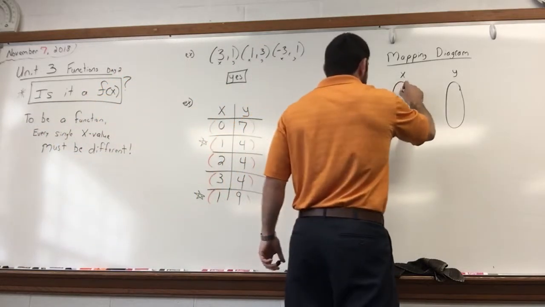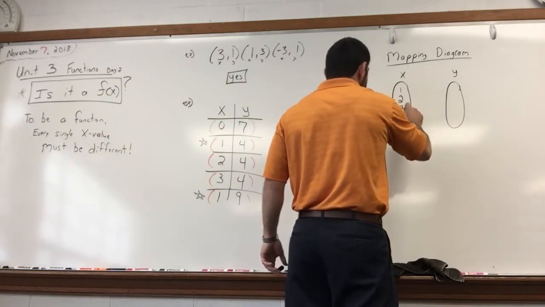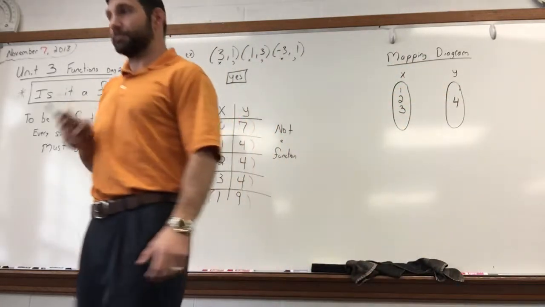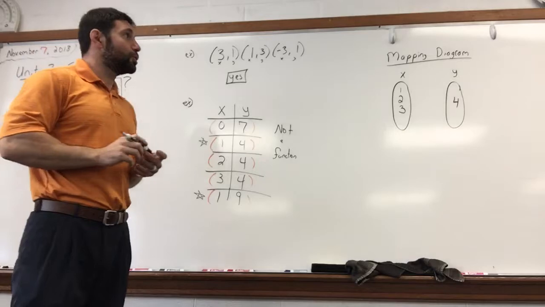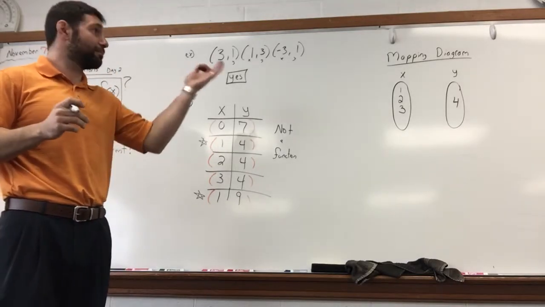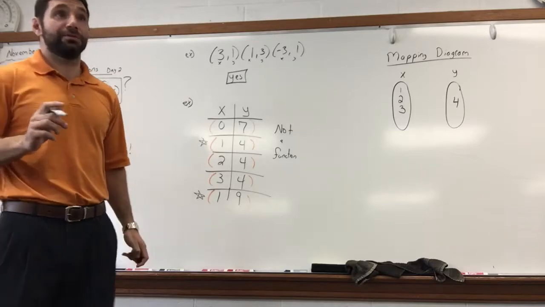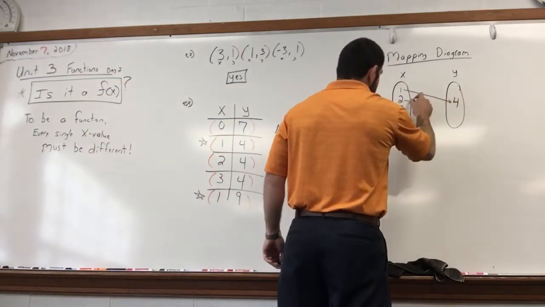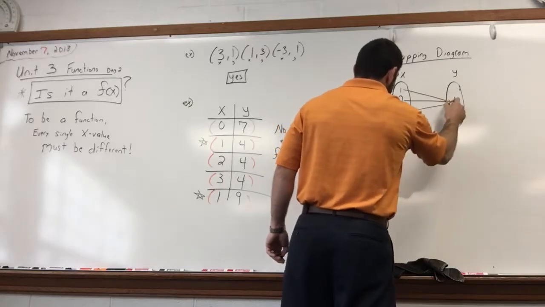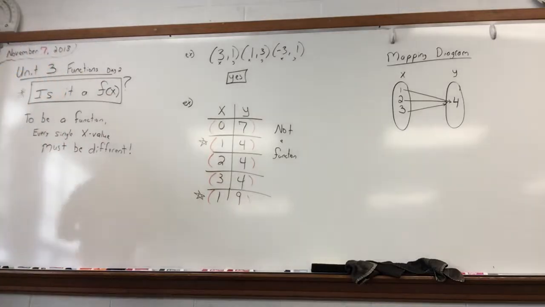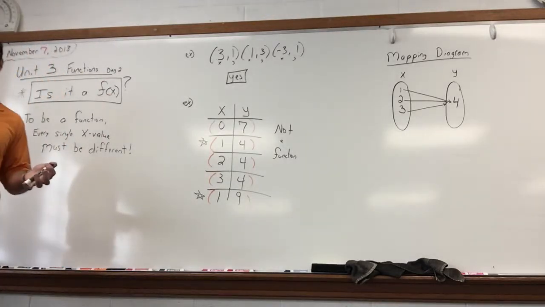In my x, I'm going to put 1, 2, 3. In my y, I'm going to put 4. To have a mapping diagram, you must have bubbles and arrows. And right now you're probably looking at this saying, I don't know what that means.